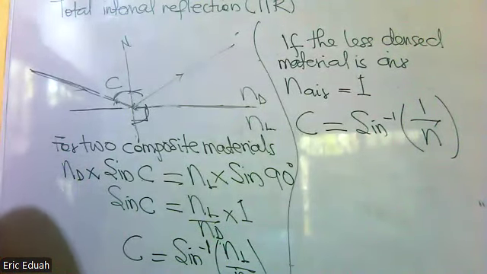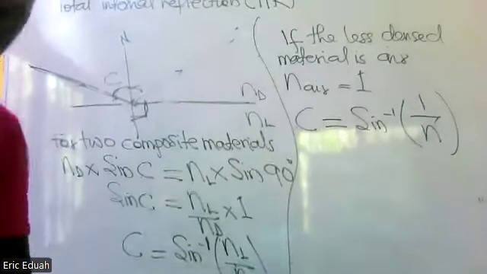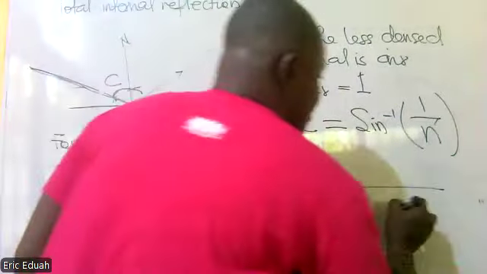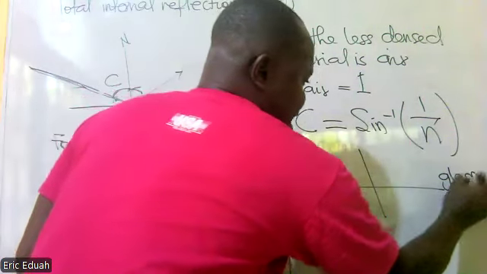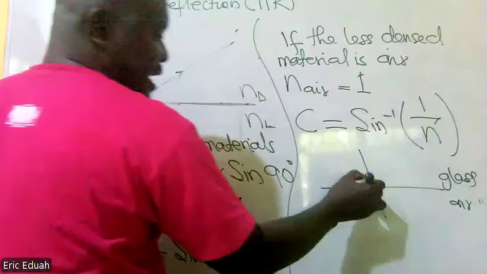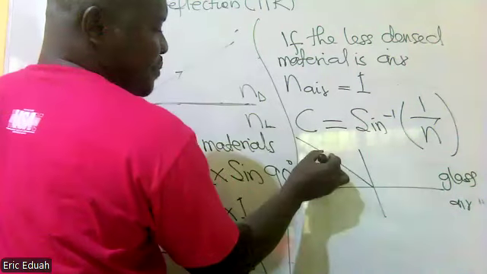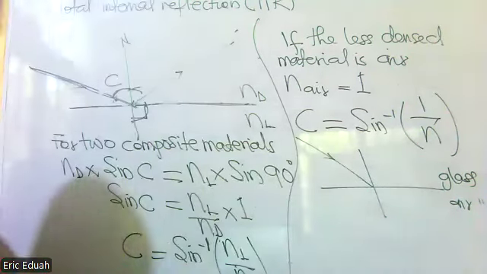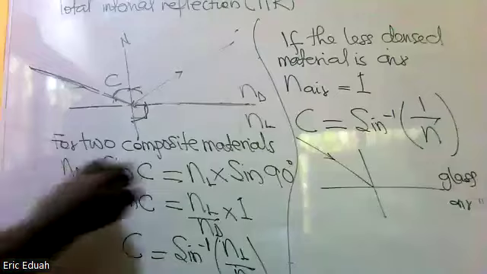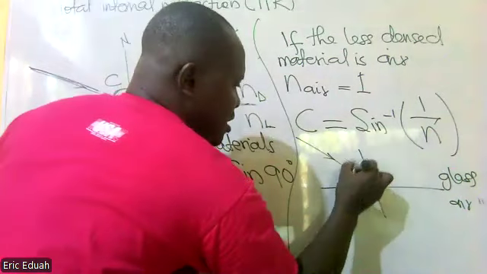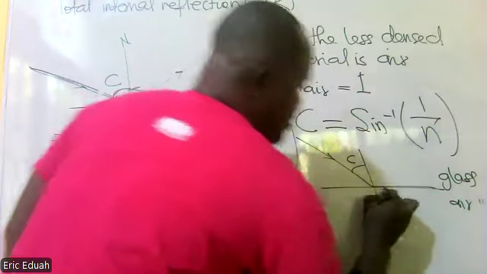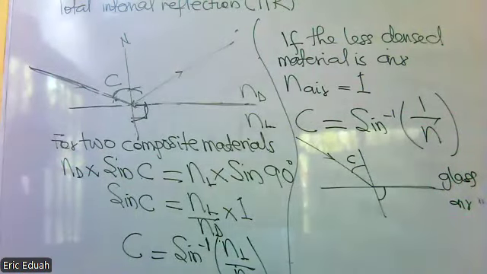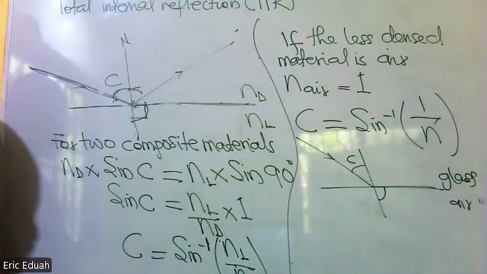So example, if I have two media, glass and air, and the light is coming from glass to air, at the critical angle, the refracted ray, yes, will be 90. The angle of refraction.